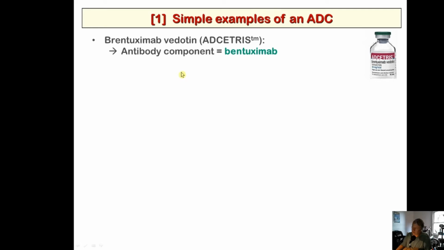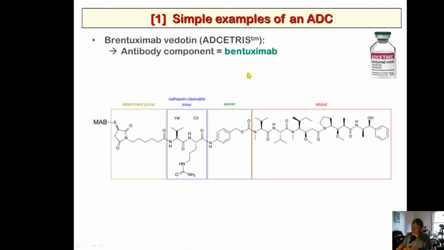These will have a couple of components. One is the antibody part, and then this can be linked to a small molecule somehow. This shows how it might look. The mAb is the antibody, and then there's some kind of attachment point to the small molecule.